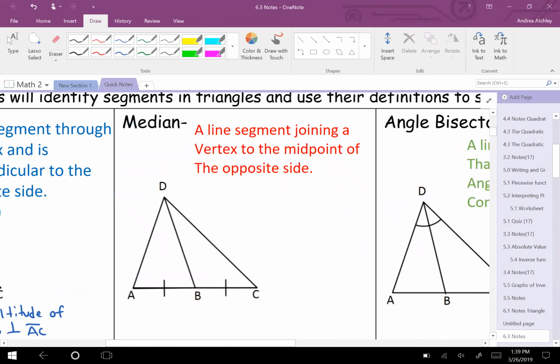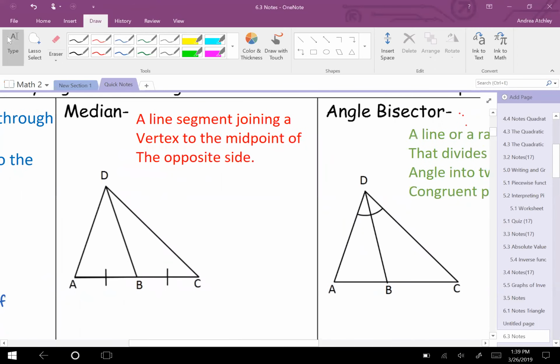Okay, a median is a line segment joining a vertex to the midpoint of the opposite side.